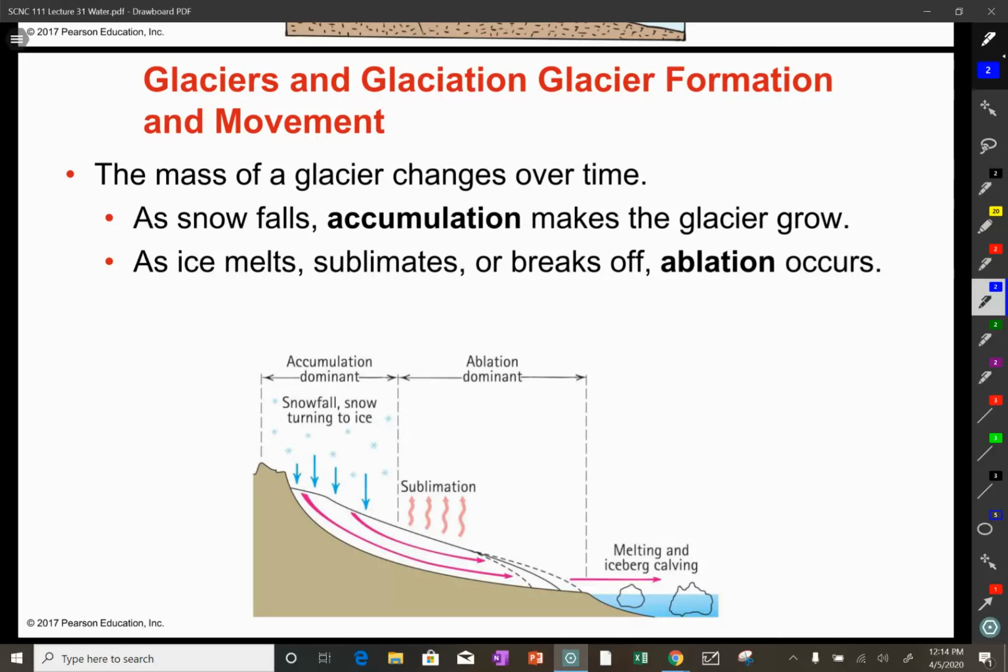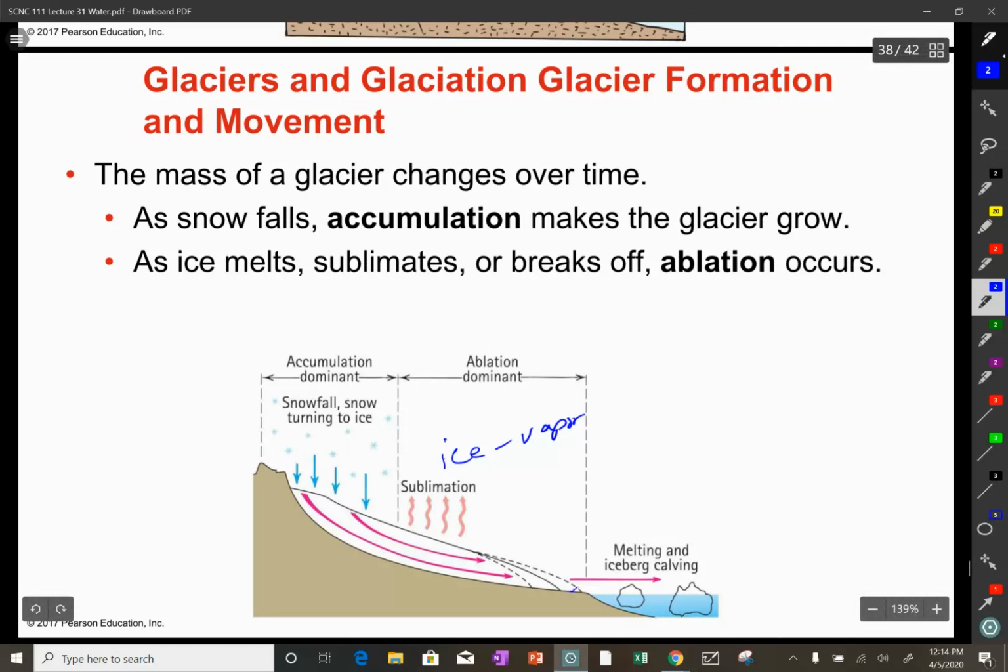Flowing glaciers have accumulation zones, places where you get more snowing than evaporation, and it grows. And then it's flowing. You have sublimation, that's going from solid ice into vapor without becoming liquid. We call this ablation anywhere where it's losing. And then you have here where it's melting and calving. Calving is breaking off.